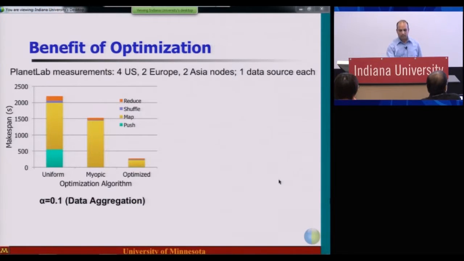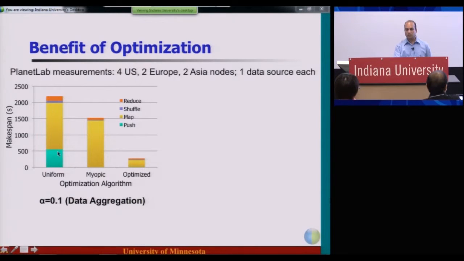So here we are looking at an alpha value of 0.1, which corresponds to a lot of data aggregation. And on the y-axis, we have the makespan, and each bar is divided into the runtime for different phases. The green is the push, yellow is the map, then shuffle and reduce. So what we see first of all is that the myopic optimization does much better than the uniform.